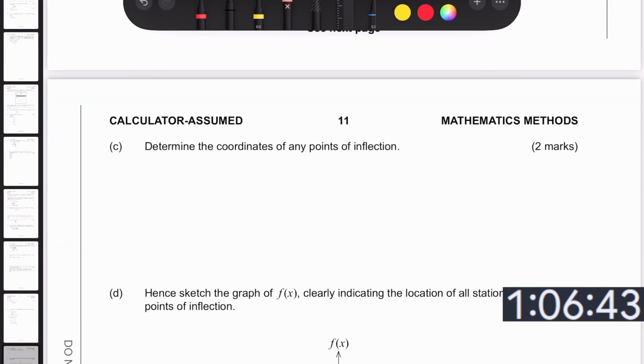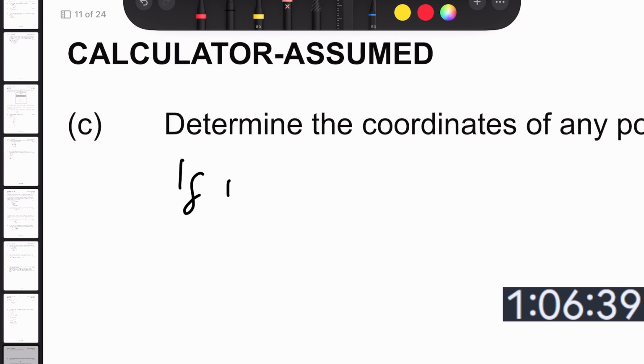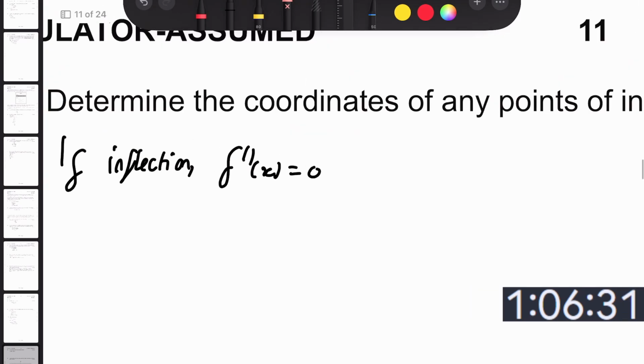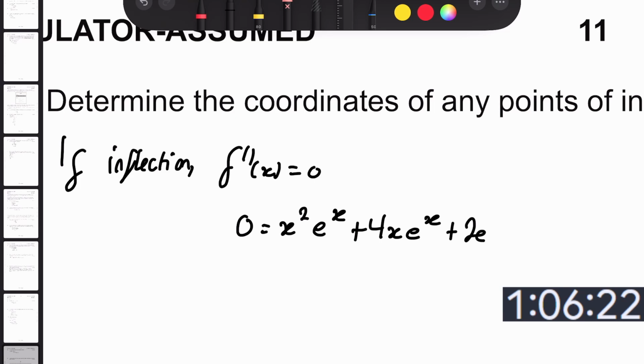Determine the coordinates of any points of inflection. So if inflection, you know that f double dash of x is going to equal 0. So 0 is equal to x squared e to the x plus 4x e to the x plus 2 e to the x. CAS.